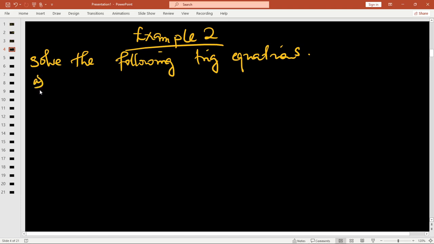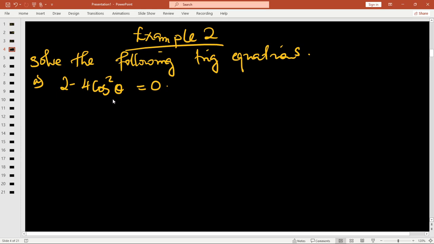So for A here, we have 2 minus 4 cos squared theta equal to 0.